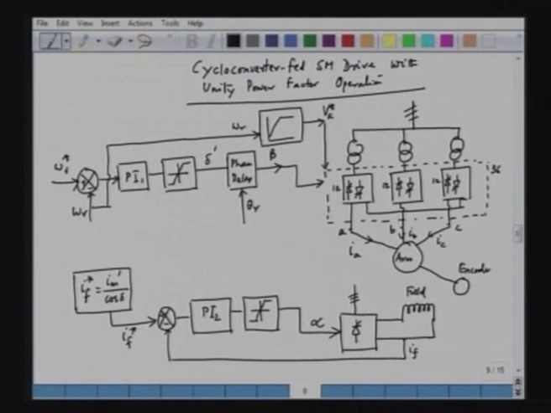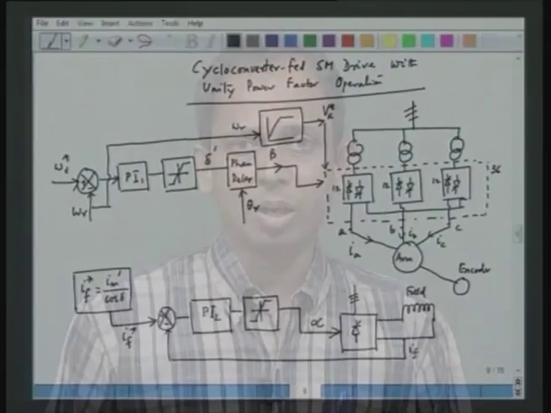So, this is how we can control the field winding current. The field winding current is controlled by means of an independent 3 phase 6 pulse converter as shown in the figure. Now, how do you obtain delta?